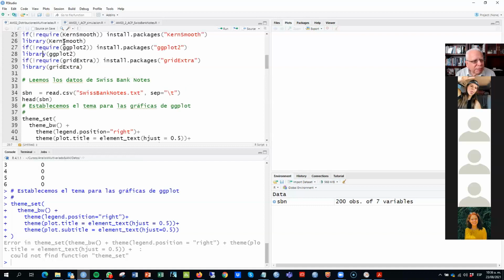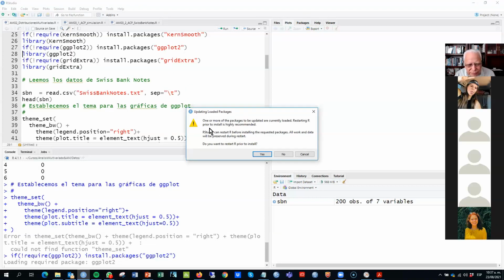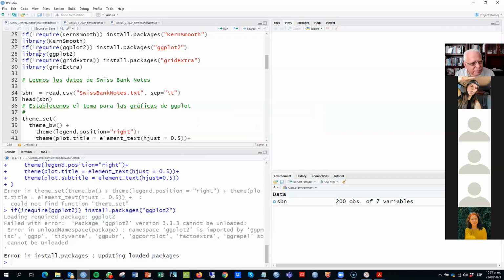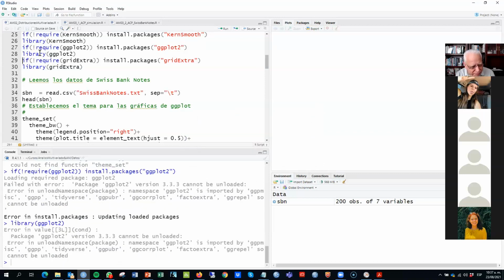Did I install ggplot? Oh, no. ggplot is important. It tells me that I have problems here. Loading version 3.3.3.